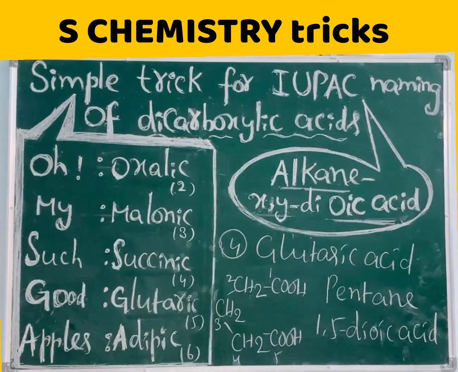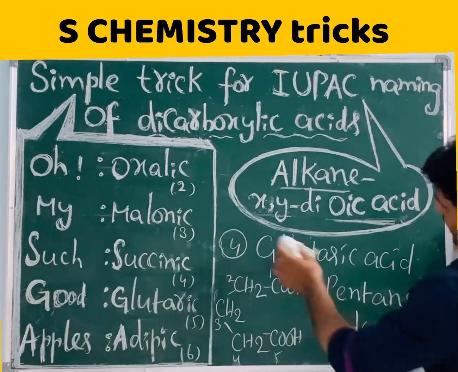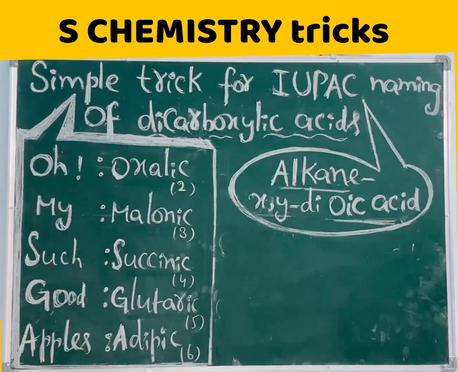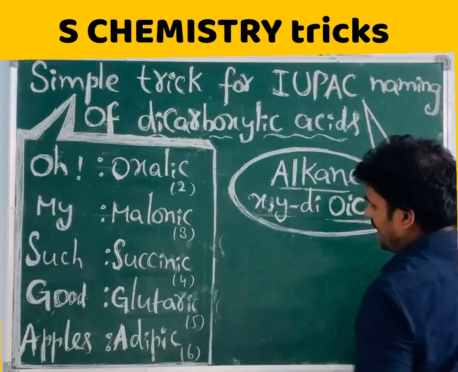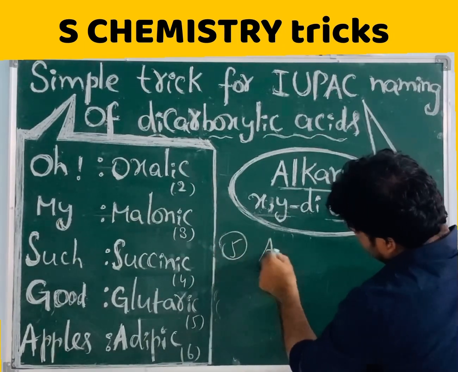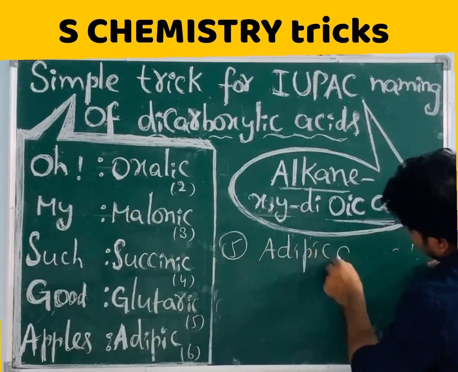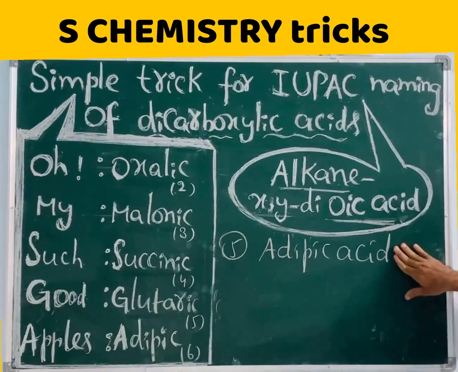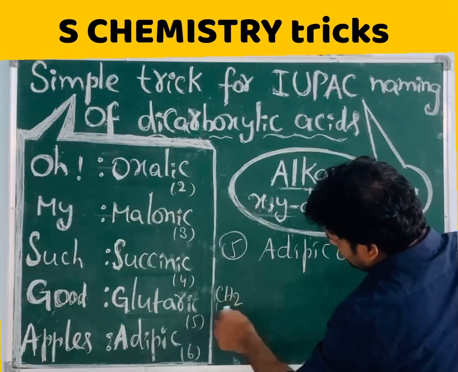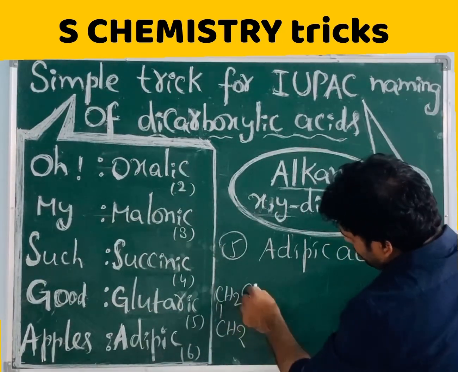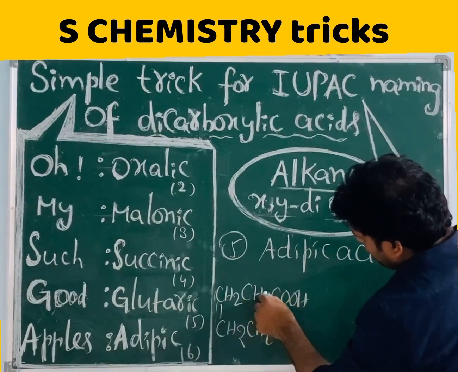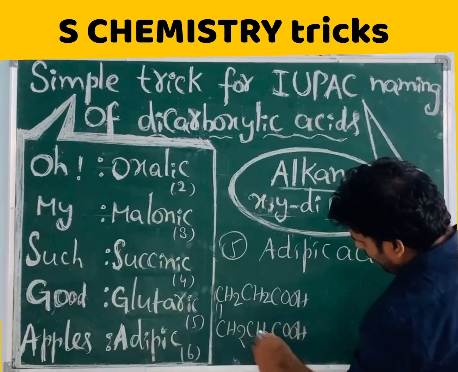Next one, students, the last one, the fifth example, adipic acid. Students, how many carbon atoms does adipic acid have? Adipic acid is a 6-carbon atom dicarboxylic acid. The structure is like this: COOH, CH2, CH2, CH2, CH2, COOH.